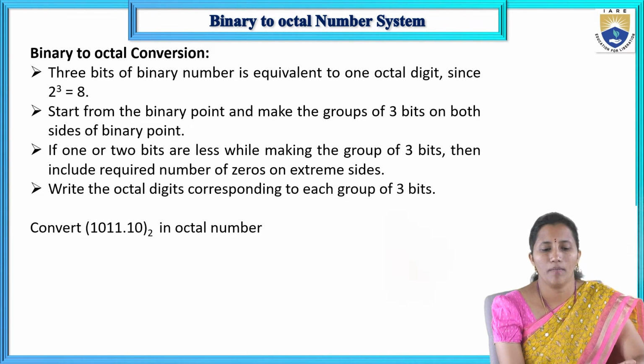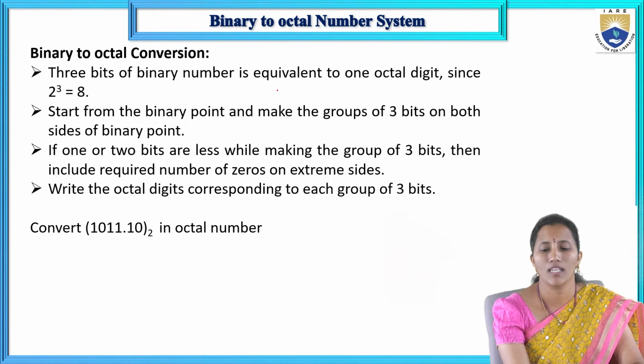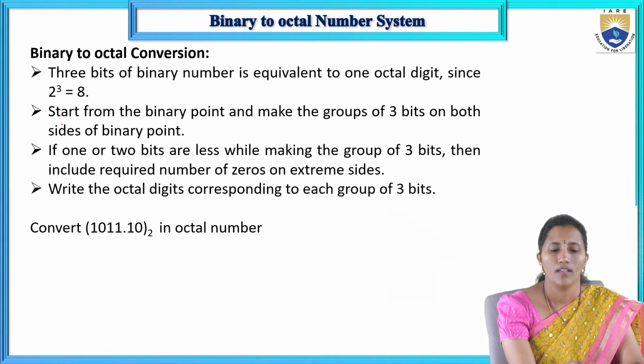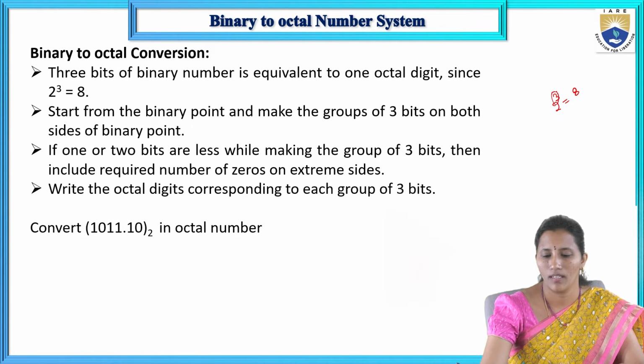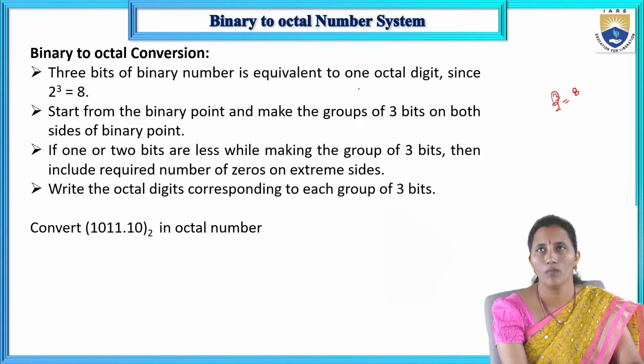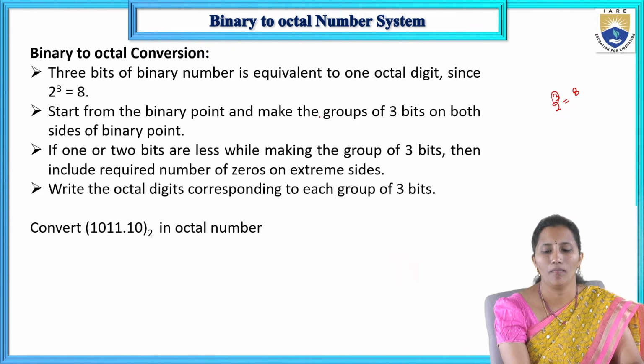Binary to octal number system. Here 3 bits of binary is equivalent to 1 octal digit, because 2 power 3 is 8. So start from the binary point and make groups of 3 bits on both sides of the binary point.